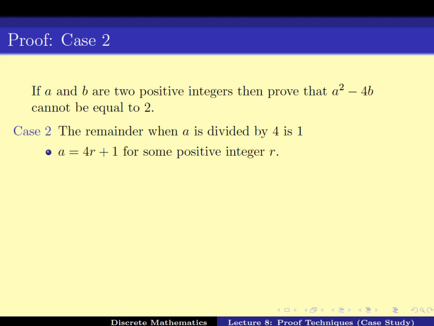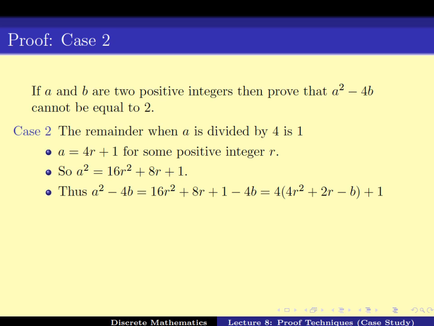Again, we can say that A is equal to 4R plus 1 for some positive integer R. Again, let's do it. What is A square? A square is 16R square plus 8R plus 1. So A square minus 4B will be 4 times (4R square plus 2R minus B) plus 1.